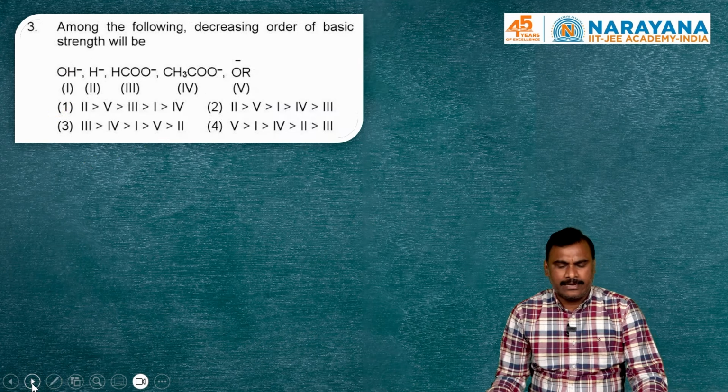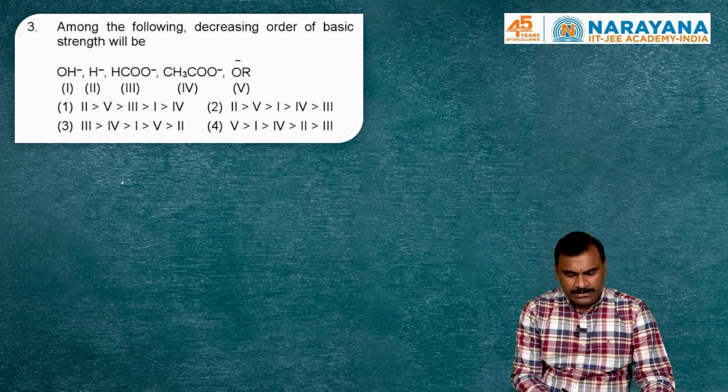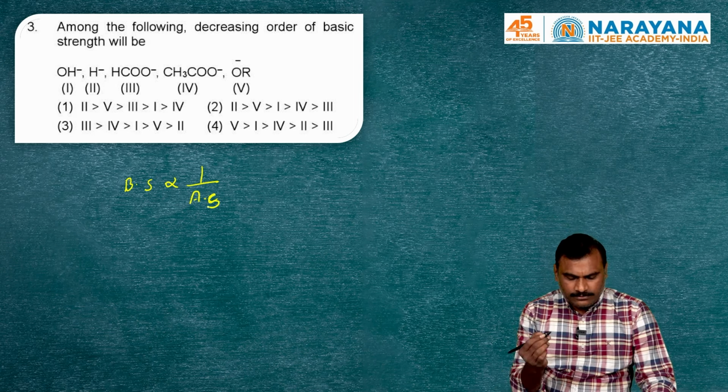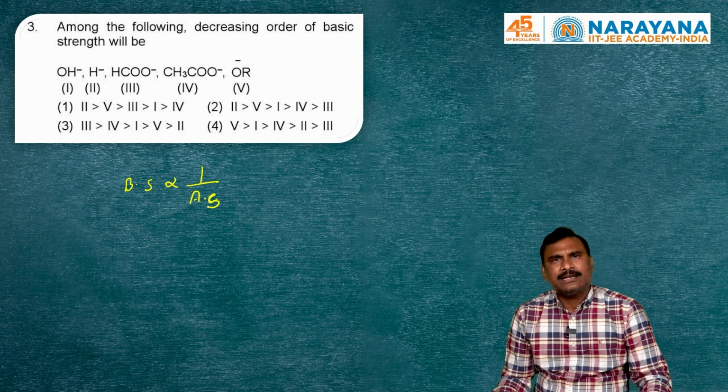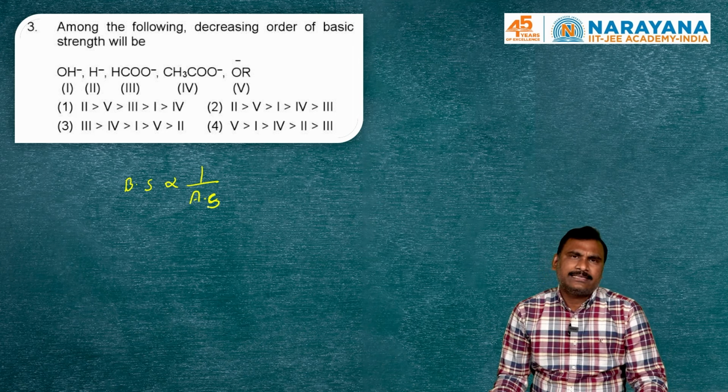Among the following, the decreasing order of basic strength will be. Simply, the basic strength is inversely proportional to acidic strength. That means please convert every given anion into its acidic form.